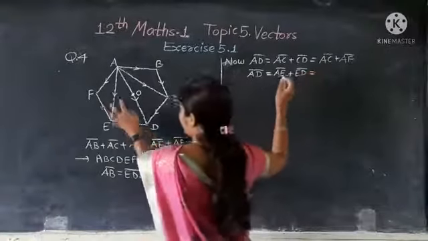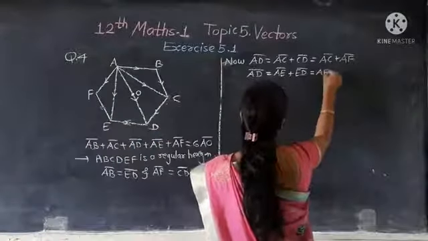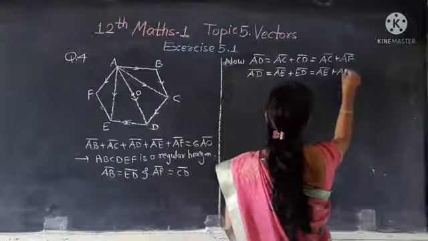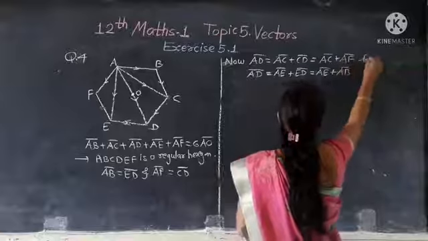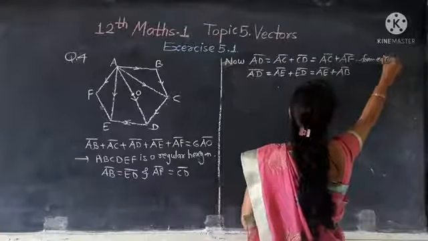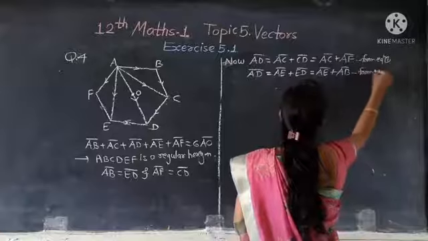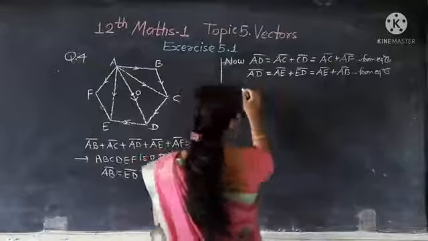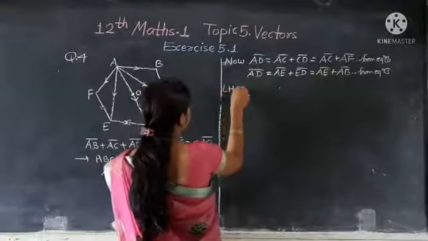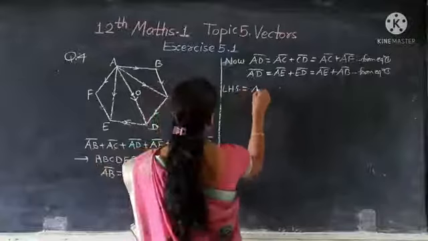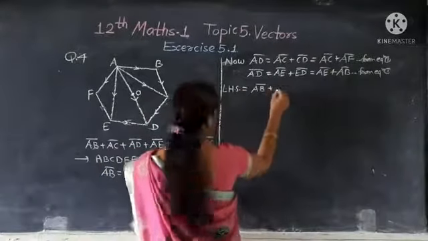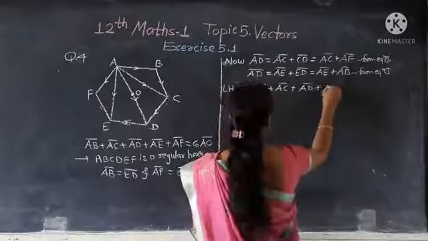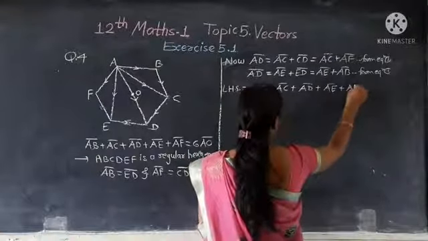We write AE bar as this plus, what is ED bar? ED bar means AD bar. Okay, this is from equation first. You call this equation number first. Now take LHS. LHS is AB bar plus AC bar plus AD bar plus AE bar plus AF bar.